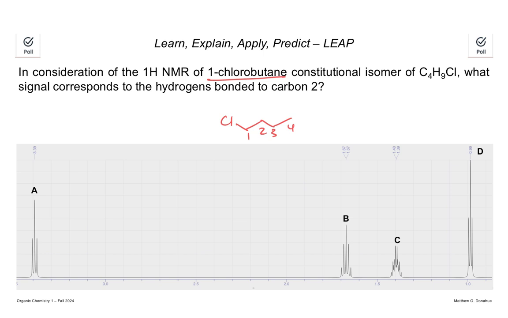B, is everyone on board with that? So carbon 2 is a CH2 group. Now when we count the neighbors at 1 and 3, 2 hydrogens plus 2 hydrogens is 4, plus the 1, that's 5. So let's count here. 1, 2, 3, 4, 5 lines, so that's the pentet.